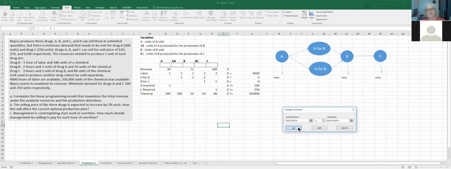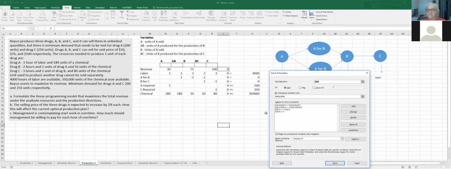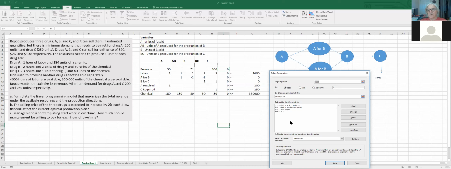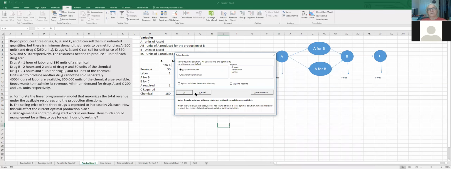No change. Last is this one. There is one additional here that hasn't, oh, I know why. Okay, so it's S15, yeah. So it's this constraint. This one needs to be less than or equal to 350, it's U15. We are good, no change. All I need is to eliminate this one and now solve the problem. And the sensitivity report I already have, so we'll look at it in a minute.